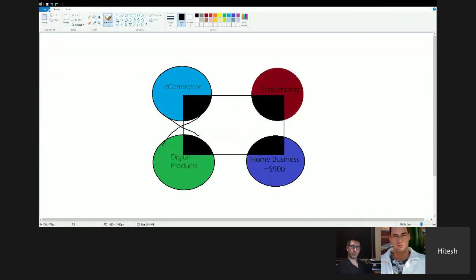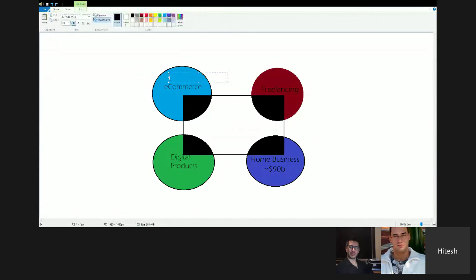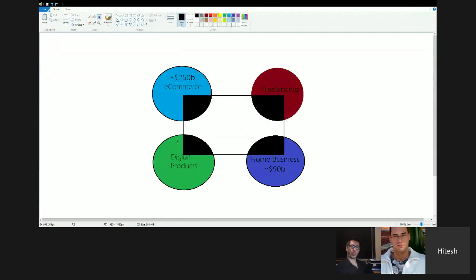I just noticed that. So you have e-commerce here, which represents, between the platforms that we are covering, roughly $250 billion in gross sales.